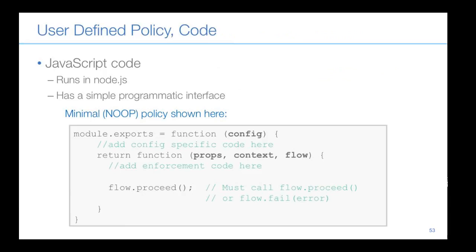Okay, so now we're going to get to the meat of the policy, the actual implementation. Again, I'll just remind you this is running under Node.js, and we've defined a pretty simple interface for the policy. You've got module exports, which basically tells the flow engine how to get to the meat and potatoes of your policy.